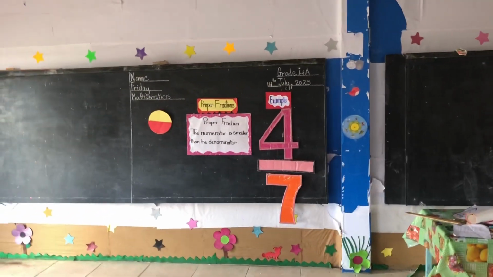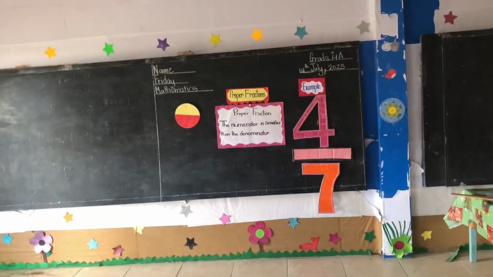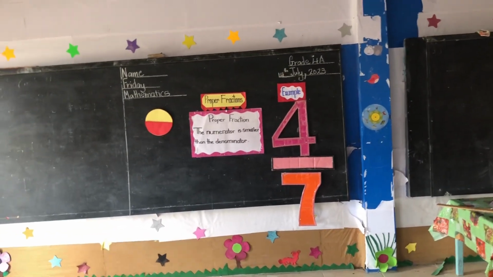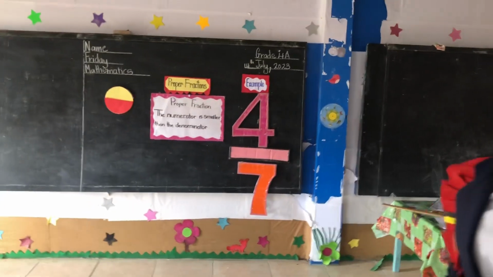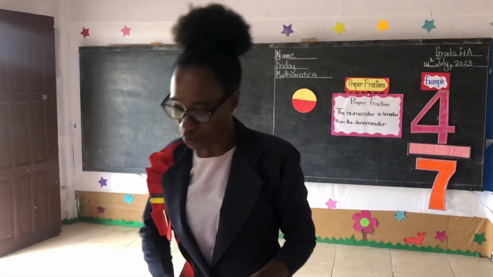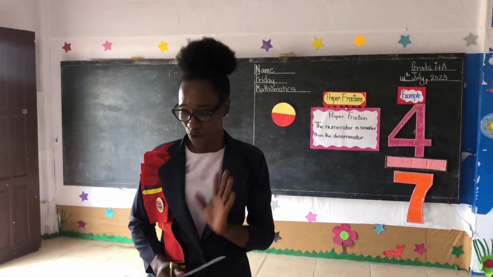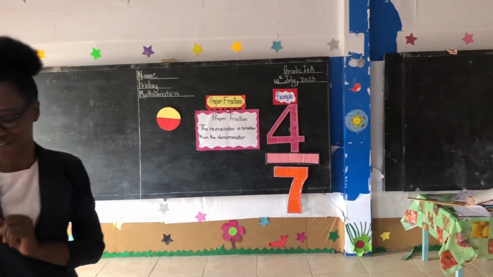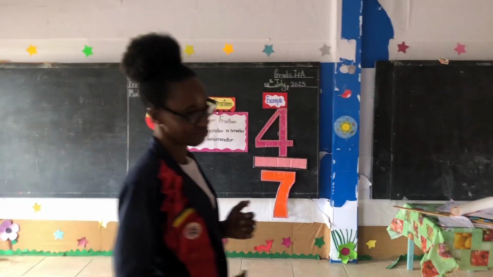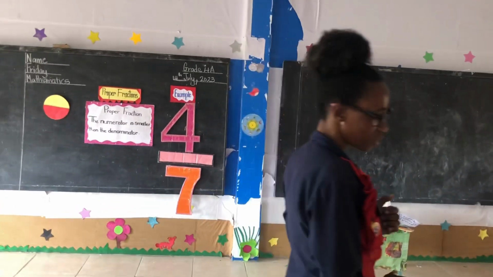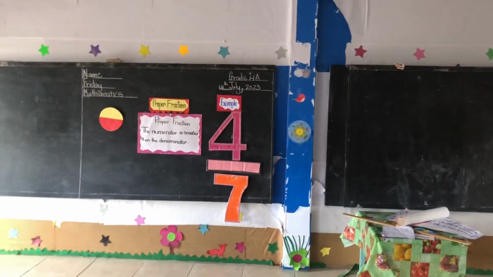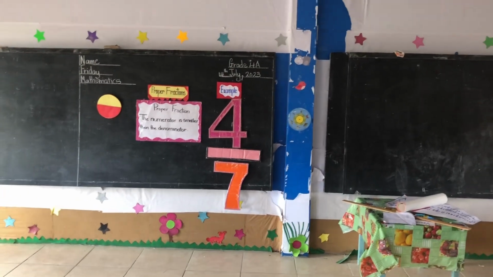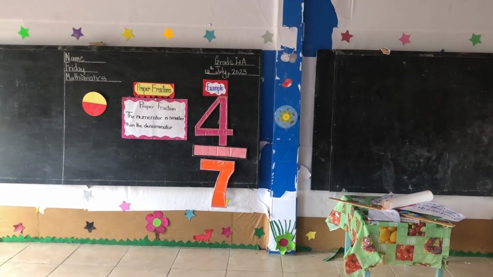Okay, I'm coming around. If you need any assistance, I'm right here. Yes, Sumar, you are going to write 4 different proper fractions. Let me see how much you understand.